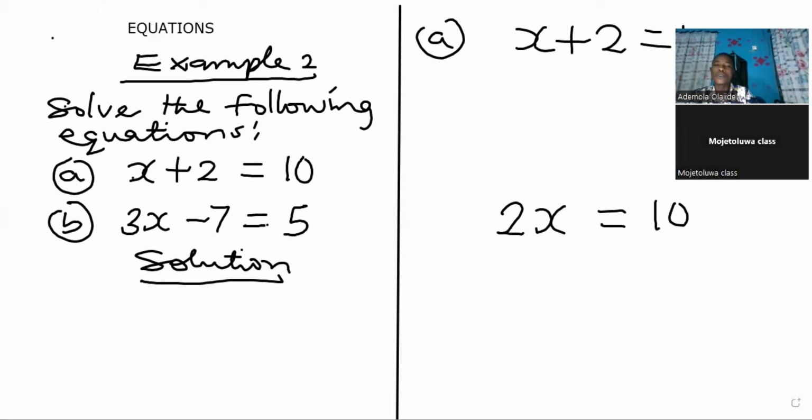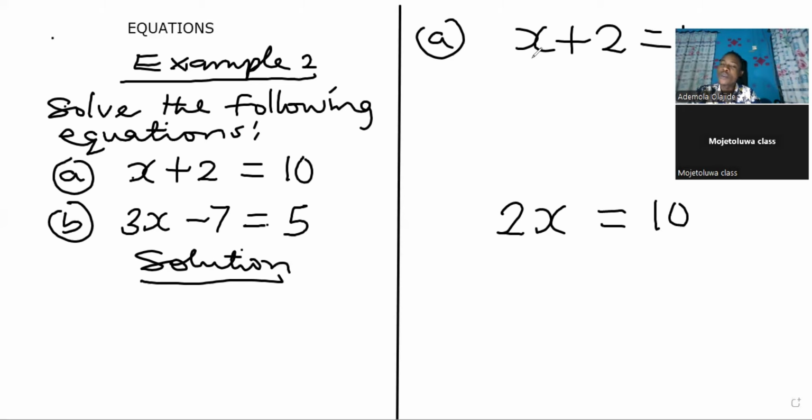And look at this one. The equation here is different from the equation here. In the left side of the previous equation, you can see that this 2 is a coefficient. But in the equation we want to solve now, is this positive 2 a coefficient to x?